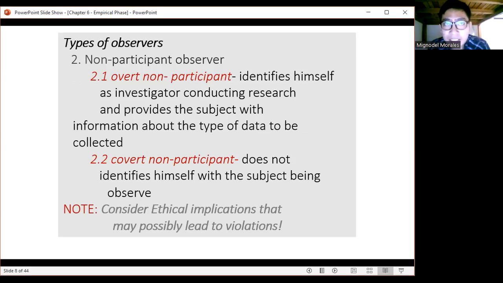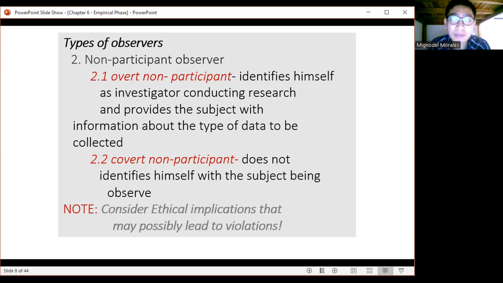In the overt non-participant, you disclose to the community that you are there to observe, but you are not participating.